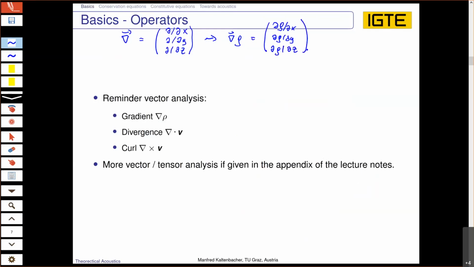And you see, from a tensor of zero order, which is the density, a scalar, we get a tensor of first order, which is a classical vector. And I guess you know what this means, the gradient of a scalar function? It shows us the direction of the strongest increase of this scalar function, because you see, we get a vector out here.